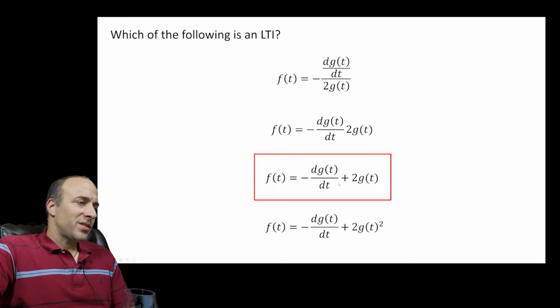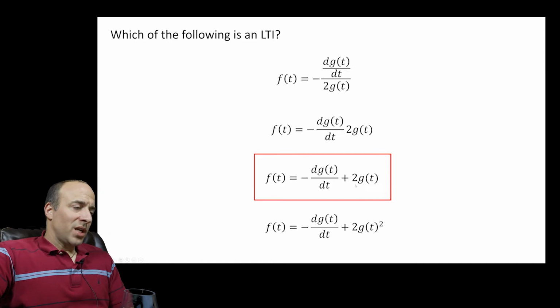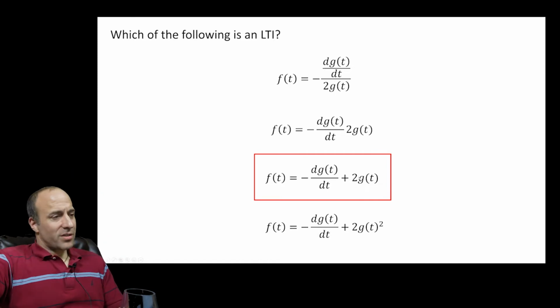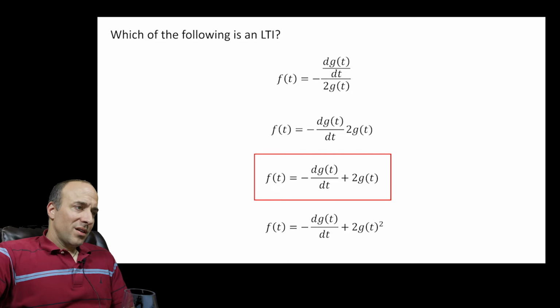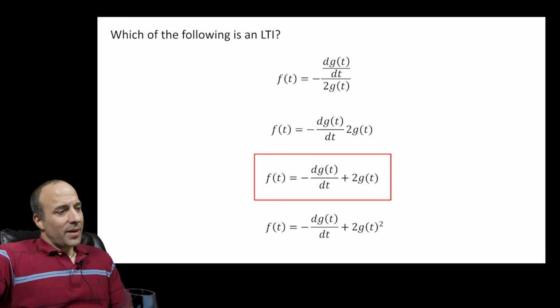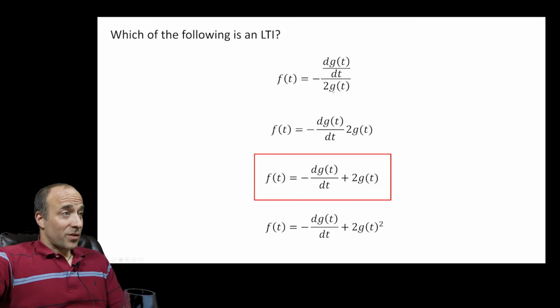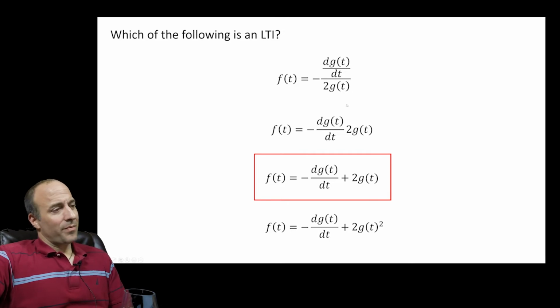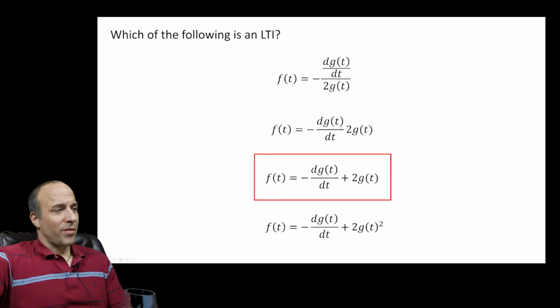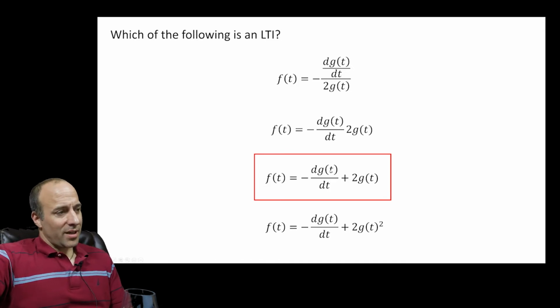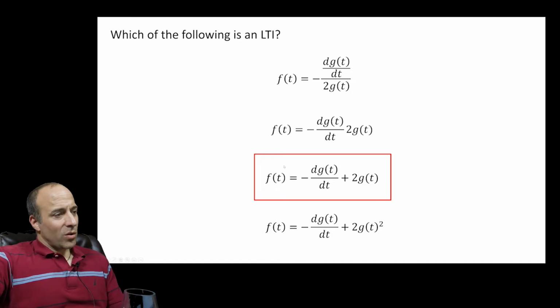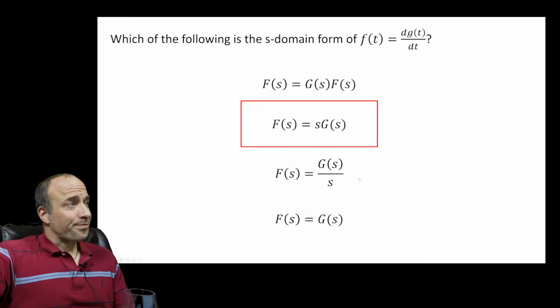And the reason is because in a linear time invariant system, the variables can only be multiplied by a constant. So, in this first case, we're dividing them. Second case, we're multiplying, derivative of g times g. The fourth case here, we've got a g squared. Only this third case is linear.